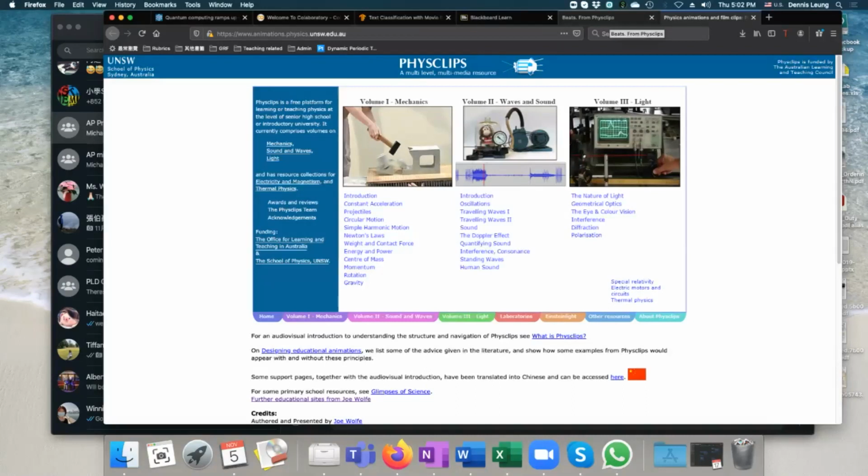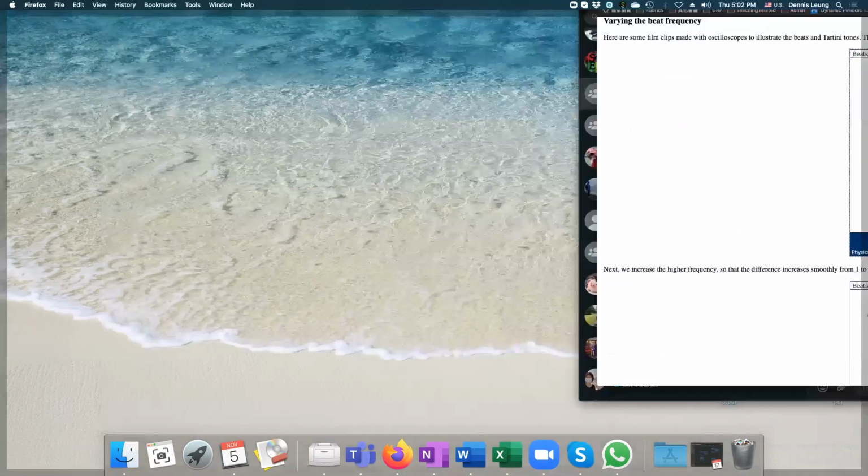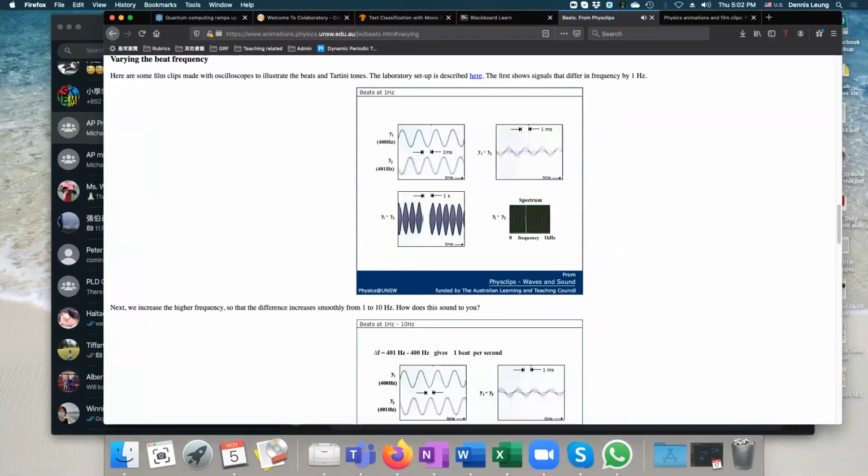Let me see if I could find it myself. Okay. Right. What I believe you are hearing is a variation of the loudness of the sound.